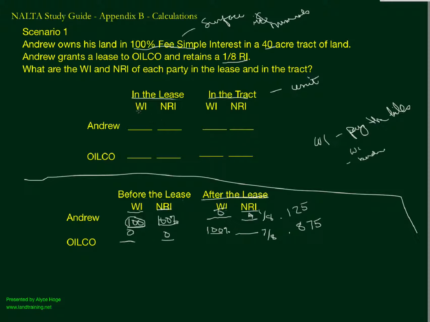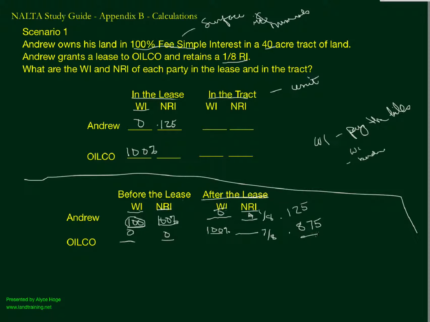Andrew's working interest is what? Well, who's going to pay the bills? Andrew's not paying any of the bills. Oil company's going to pay for 100% of the bills. What is Andrew's net revenue interest? Well, remember we just said that was his royalty interest. That's this 0.125 here, his 1/8 interest. And what is Oil Co's net revenue interest?